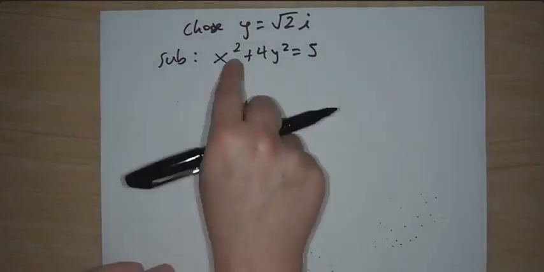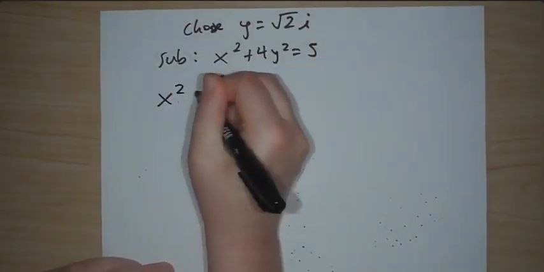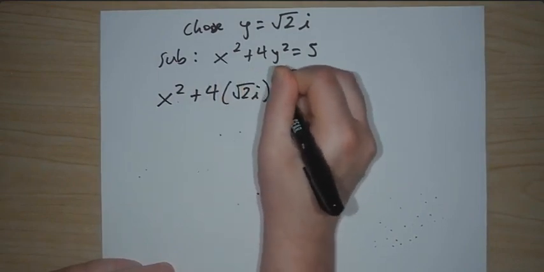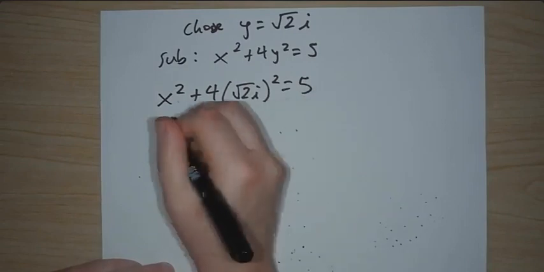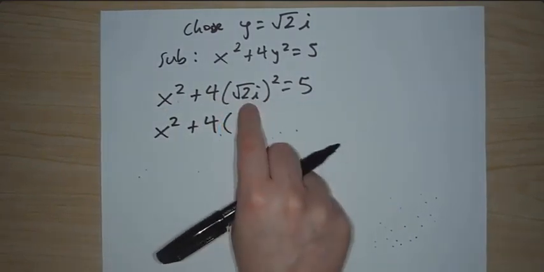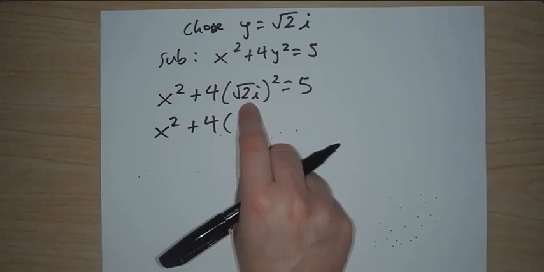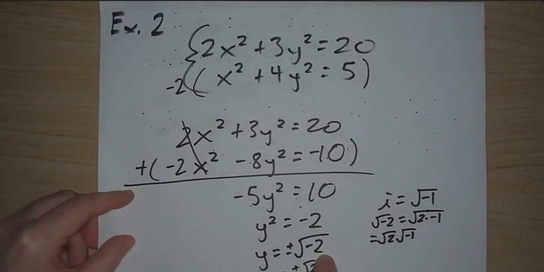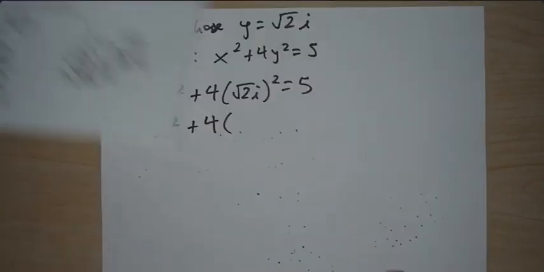So, getting into it, we have x squared plus 4 times square root of 2i squared is equal to 5, which is x squared plus 4. Now, if you remember what our square root of 2 times i is, before we simplified it into that form, it was the square root of -2, and if you square a square root, then it's just going to be this -2 here.